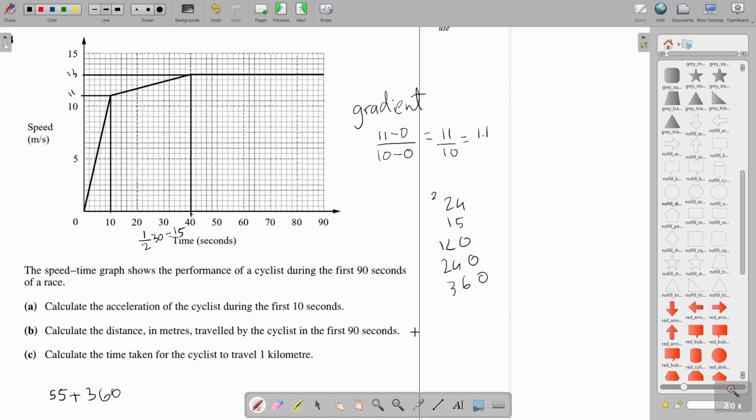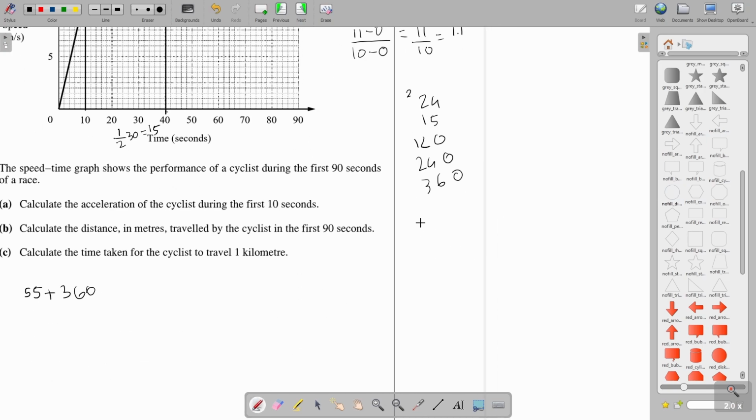And then the last part is just a rectangle with height 13 and base 50. 40 to 90 is 50. So we'll do another 13 into 50. You can just add a 0 there. So 5 threes are 15 and 5 ones are 5 plus 1, that's a 6. So that is 650.